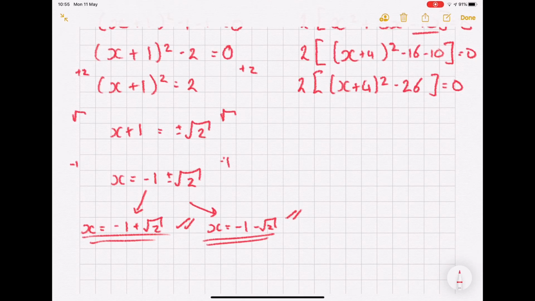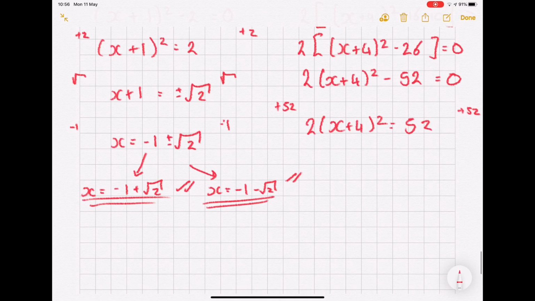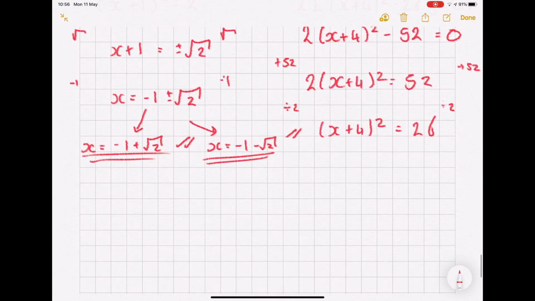Let's expand by timesing everything by 2 to give us 2 brackets x plus 4 all squared negative 52 equals 0. Now let's solve for x, so plus 52 on both sides. So 2 brackets x plus 4 squared equals 52. Divide by 2 gives us x plus 4 squared equals 26.